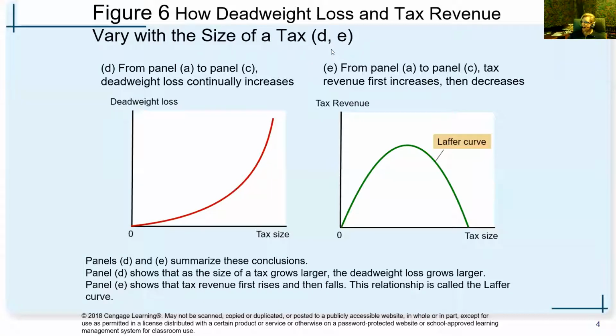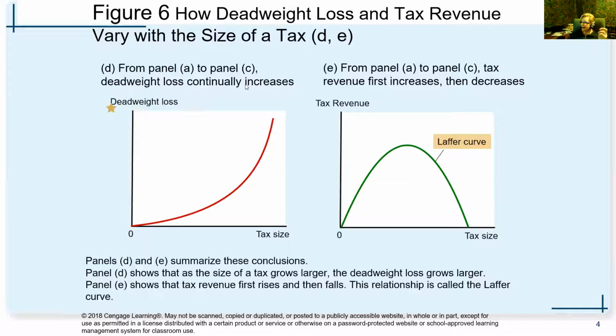Okay. So basically what we do is take a look at, and I want to do some annotations here. We have deadweight loss. So the deadweight loss measures how much is that triangle.